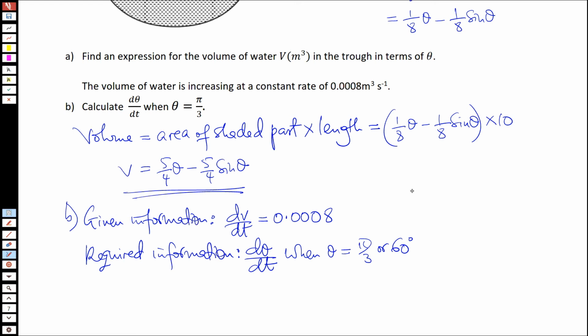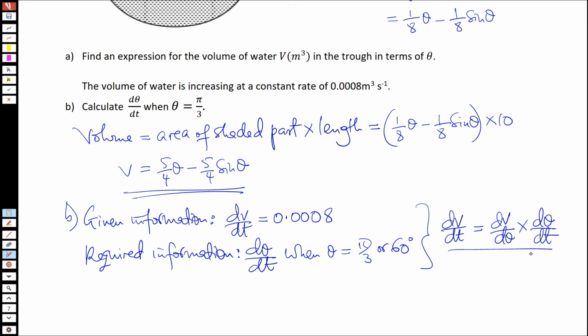Okay, so basically we have this. What relationship can we use to be able to analyze this situation? We can apply chain rule. So by chain rule, we know that dv over dt will be equal to dv over d theta multiplied by d theta over dt.